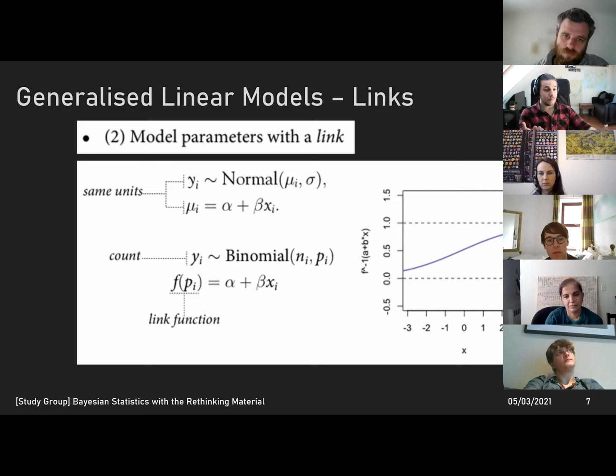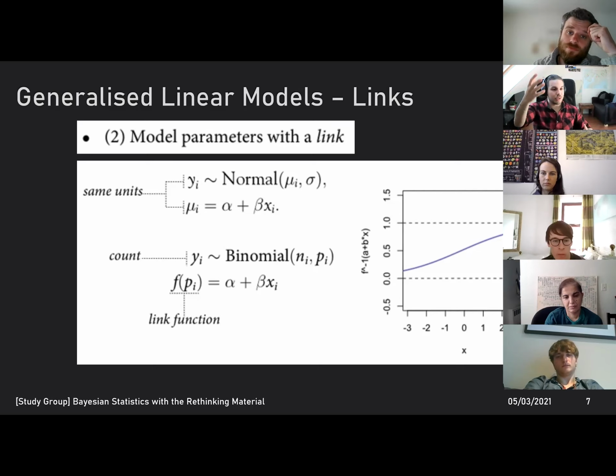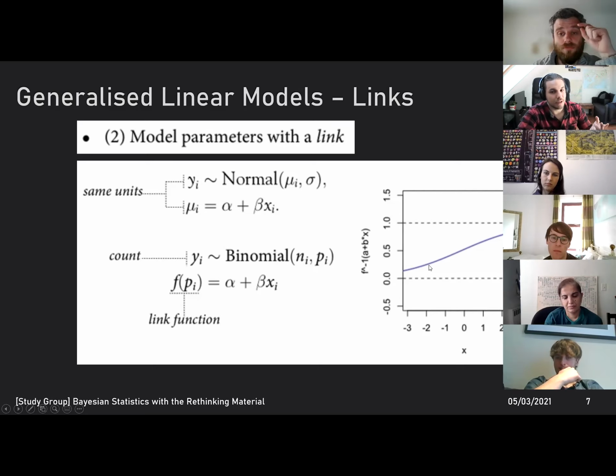And a linear model has absolutely no problem at all predicting survival probabilities way above 1 and way below 0, which doesn't make any sense in terms of us wanting to explain something. And this is where we have to link the linear model space to the likelihood space, the outcome distribution space. So on the right-hand side, you can see how there's still this linear portion to the model, but because of our link function, the ends now curve slightly back. So they do not go beyond 0 and 1 in this example.